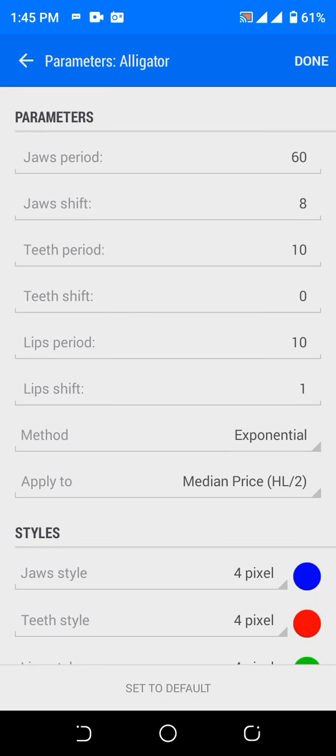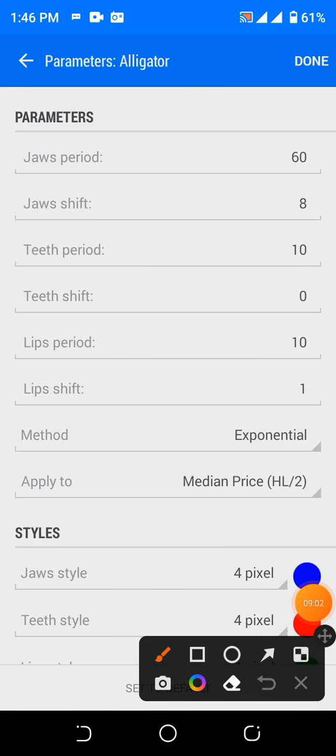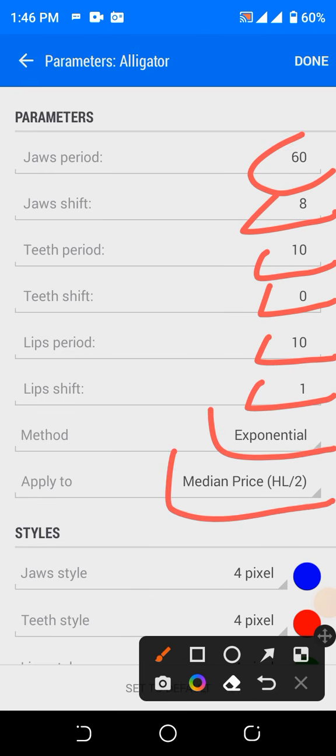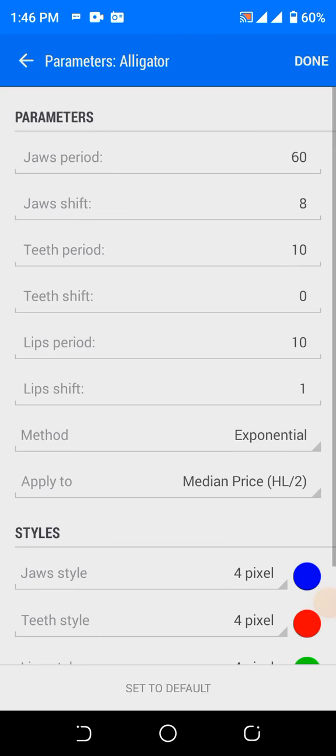Jaw period is 60, jaw shift 8, teeth period 10, teeth shift 0, lips period 10, lips shift 1. Method exponential, apply to median price. Do you understand? Apply to median price. Do you understand? All right.